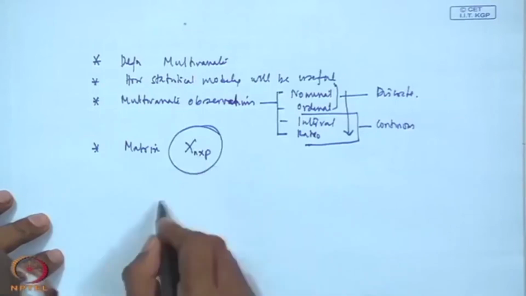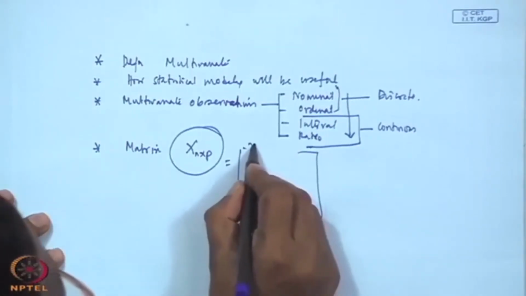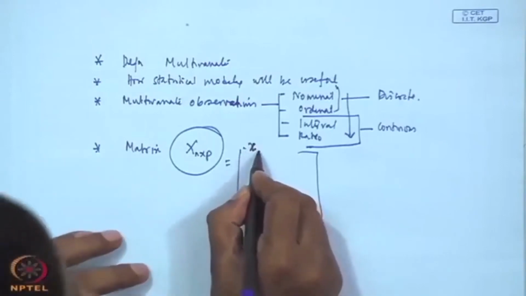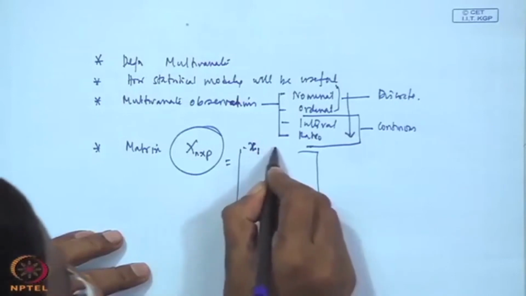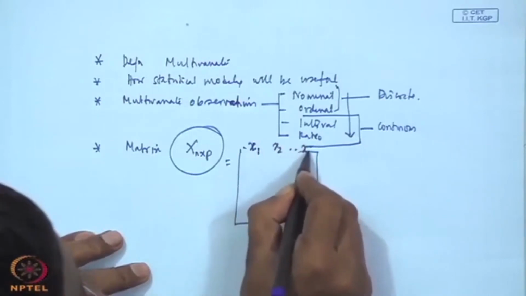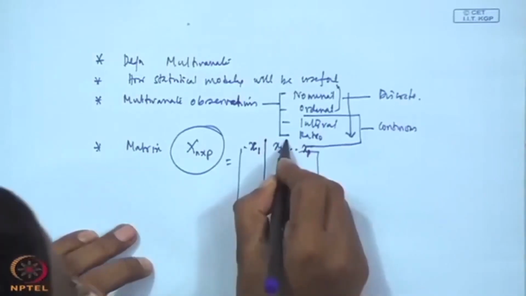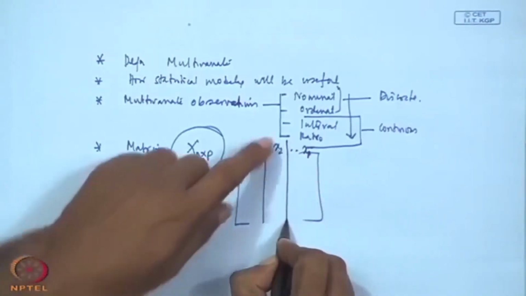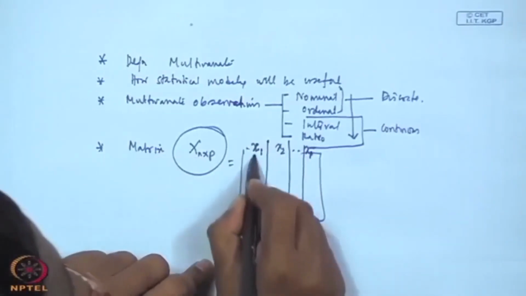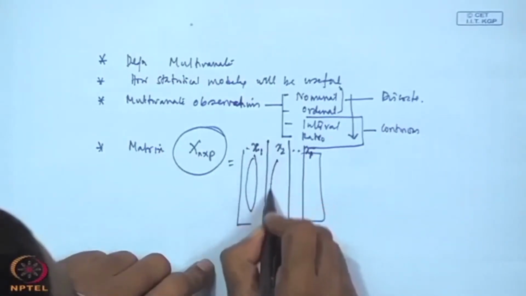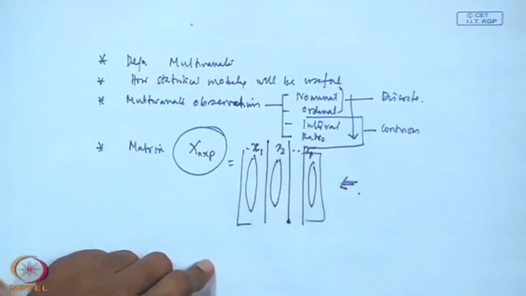And this can be written like this, and there may be several vectors like x1, x2, up to xp, where x1 denotes the first column of all observations, x2 denotes the second column of observations. These are variable vector 1, variable vector 2, variable vector 3, which is very important for all of us.